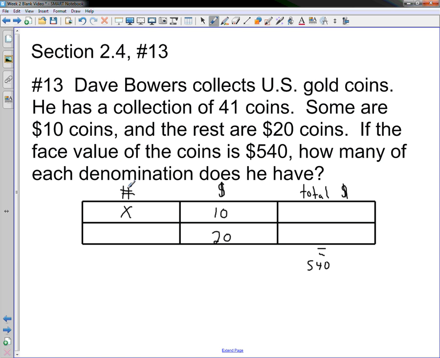Well, the same concept goes when you have the variable. If we want to know how many are left over, we're just going to take the total and subtract off whatever was used at the $10. We don't know the exact amount, so we call it x. So we multiply these together, and that gives us 10x, and this gives us 20 times 41 minus x.